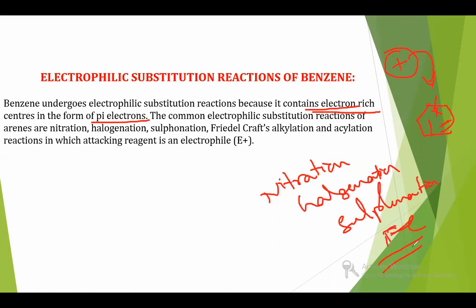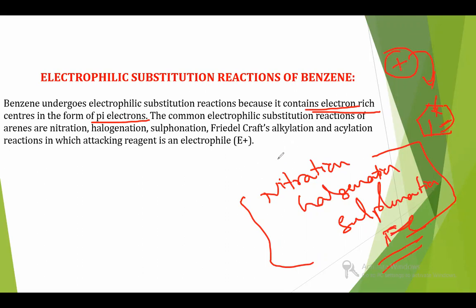In all these reactions, the attacking reagent, the electrophile E plus, attacks the electron-rich center, meaning the pi electron system, and the further reaction takes place.